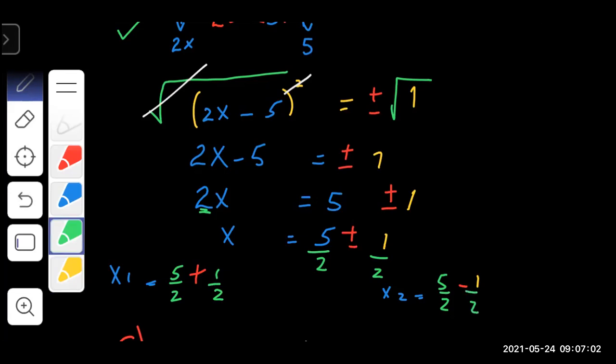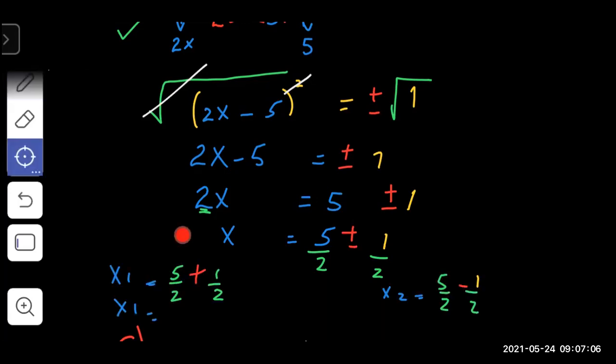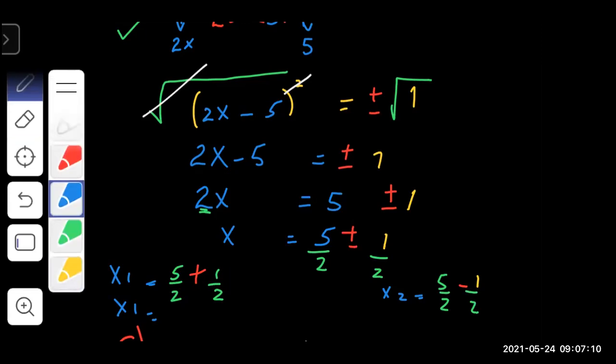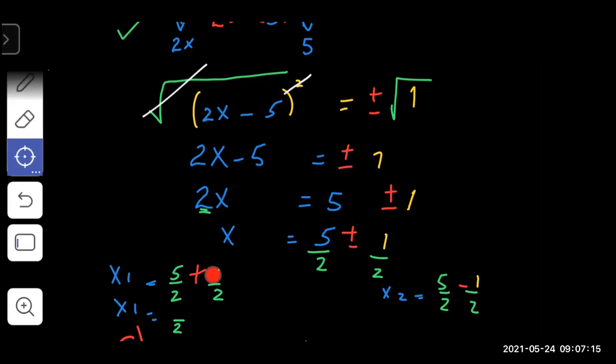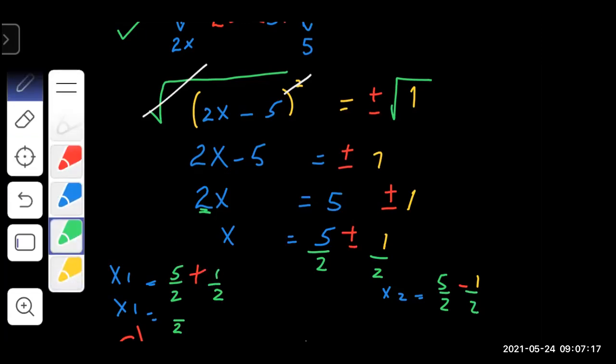I think we can simplify that, guys. As we have the same denominator, 5/2 plus 1/2. We copy the denominator, 2, and we add the numerators. 5 plus 1, guys? 6.